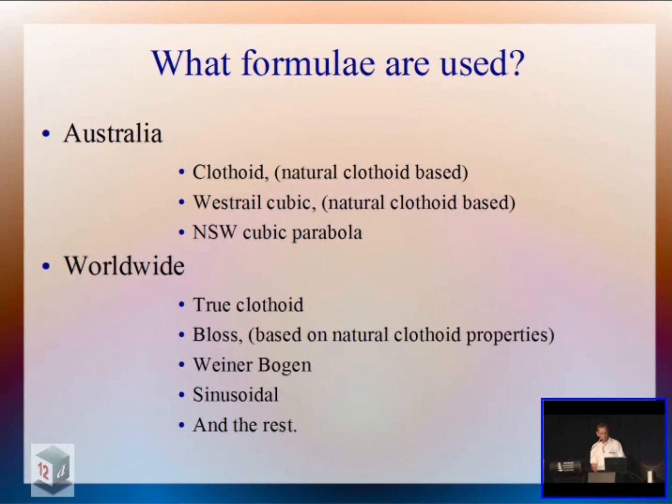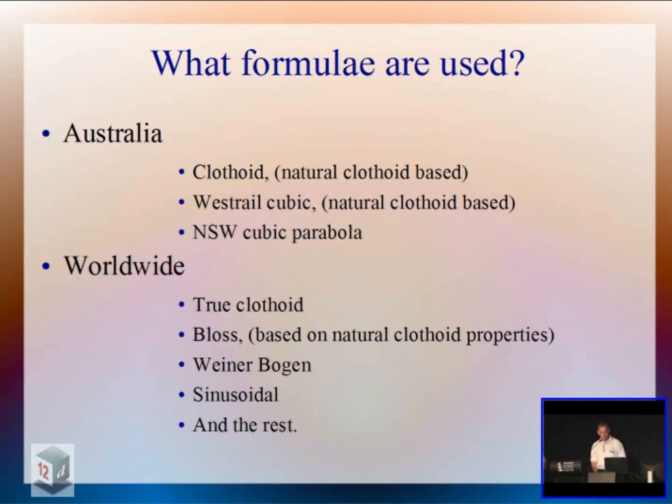In Germany especially, they use a curve called the Gloss curve, which is based on the properties of the natural clothoid. A very clever engineer in the 1920s, 30s took into account the cant of the track and what it should look like, and he came up with this derivation. The Wiener Bogen, I think it might be Bergen actually, I can't remember my German very well. It's a rail curve used in Austria.